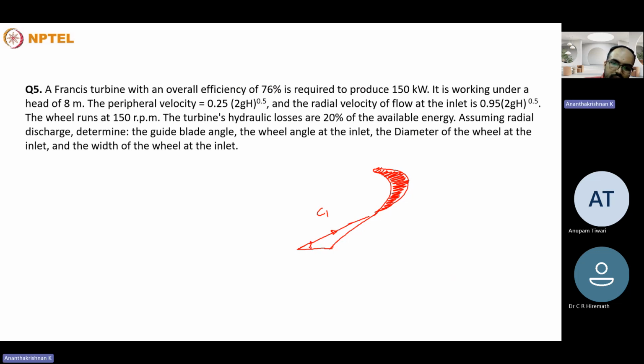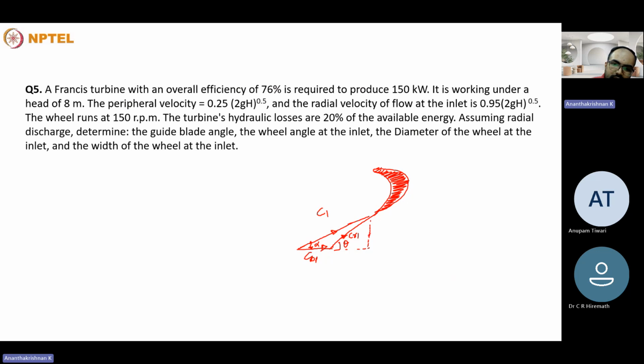Consider this to be alpha, the nozzle angle. Similar to the nozzle angle, it's a guide blade angle. C1 is at an angle of alpha. And then there is the blade velocity, C blade, and the relative velocity, CR1. And there is theta, that is the blade angle.